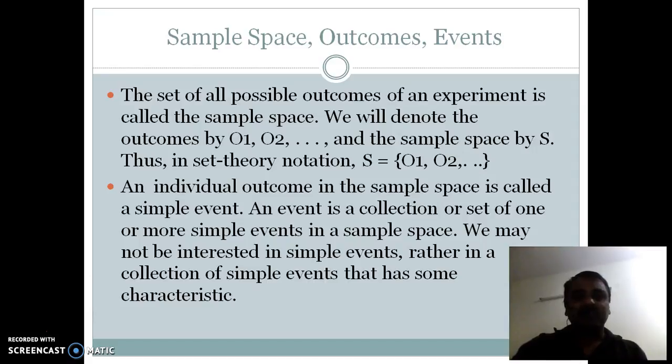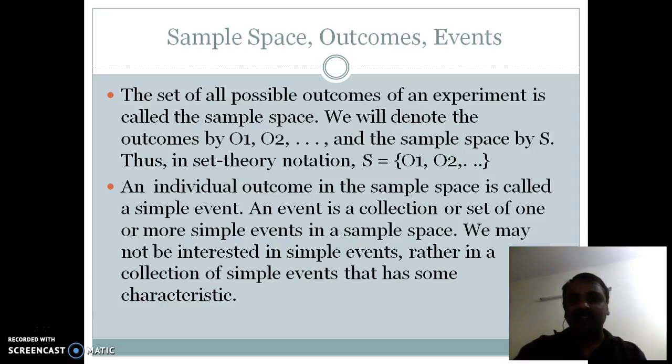Next, let's see what are sample space, outcomes, and events. The set of all possible outcomes of an experiment is called the sample space. We will denote the outcomes by O1, O2, and so on, and the sample space by capital S. Thus, in set theory notation, S = {O1, O2, ...}. An individual outcome in the sample space is called a simple event.